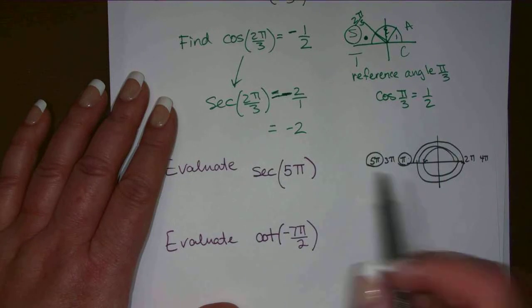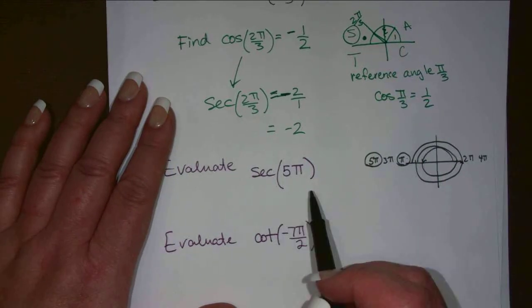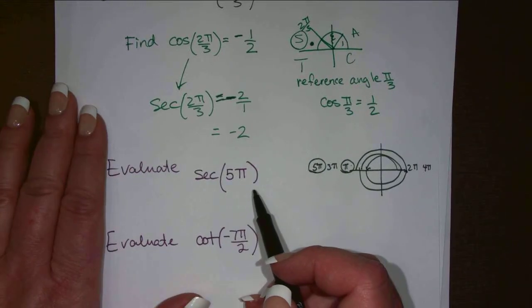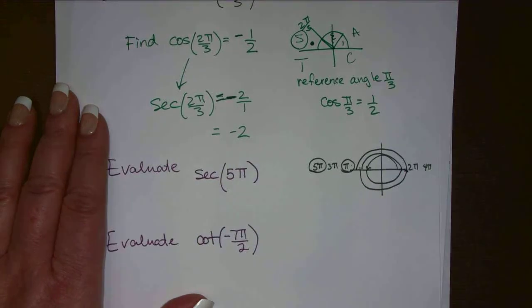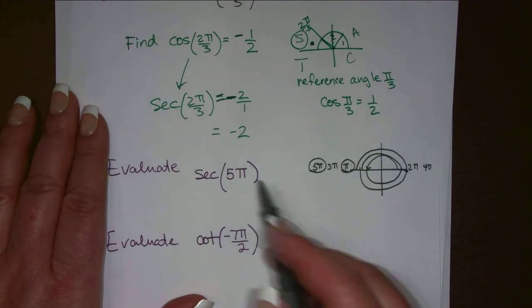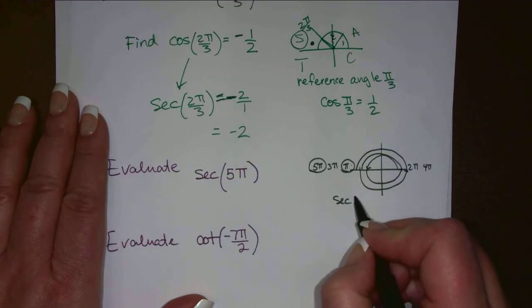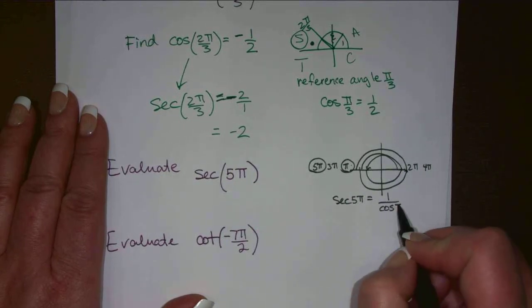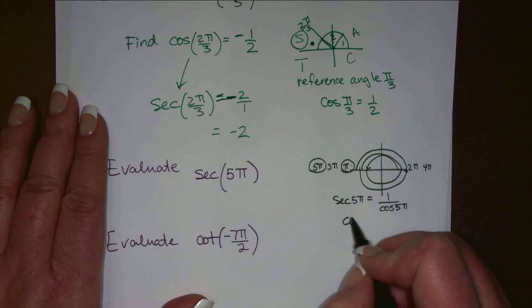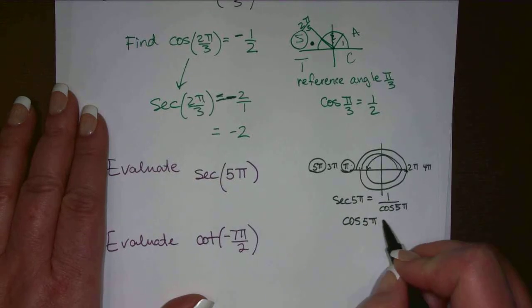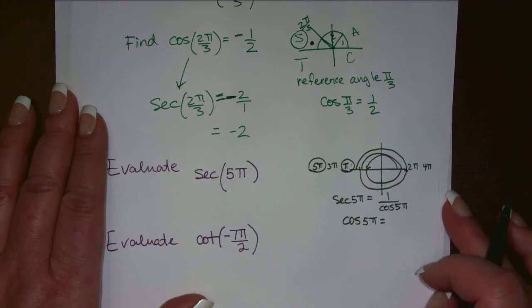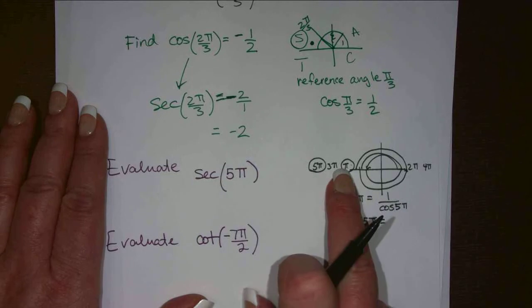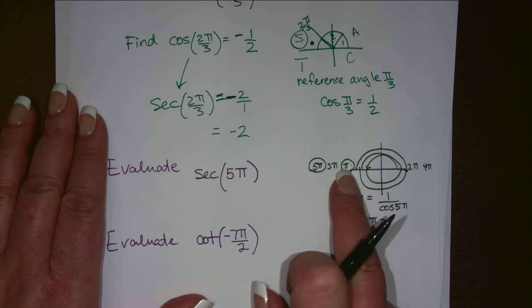Now what are we actually trying to find here? We don't want secant, we have no value for that. We need to look up cos. Secant of 5 pi is 1 over cos of 5 pi. So we need to know what cos of 5 pi is, which is the same as what? Pi, because we landed on that axis, so we just look up that value.